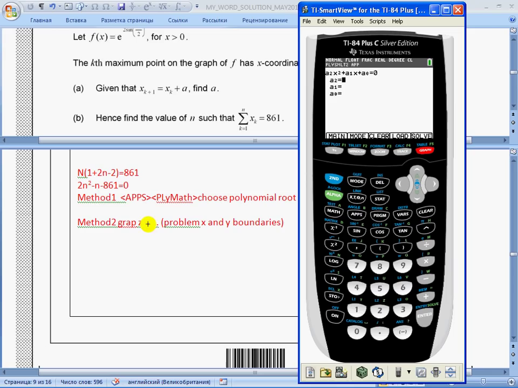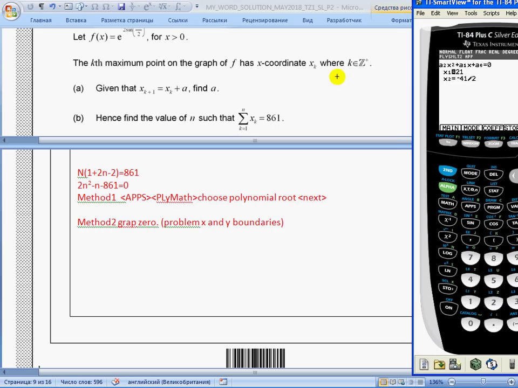So we should put a1. a1 is 2. a2 is 2. a1 is minus 1. Enter. And the last one is minus 861. Enter. And we go to solve. So we get 21. So this happens when n equals 21. Question done.